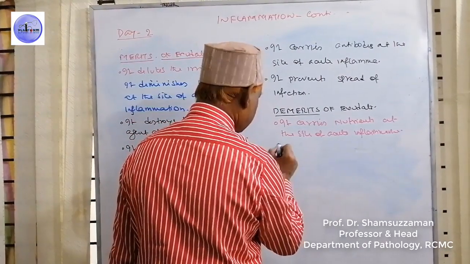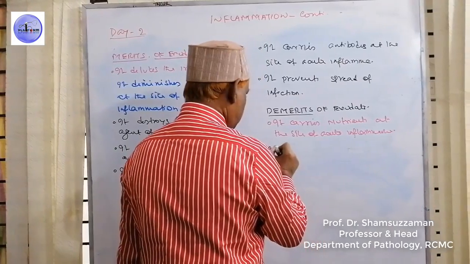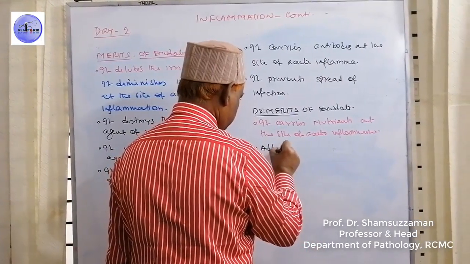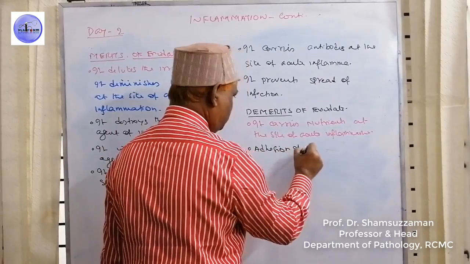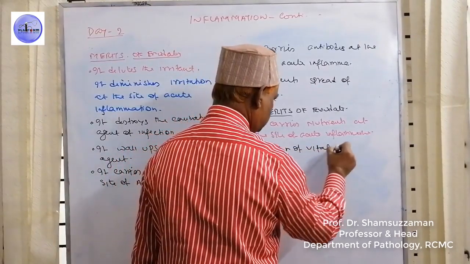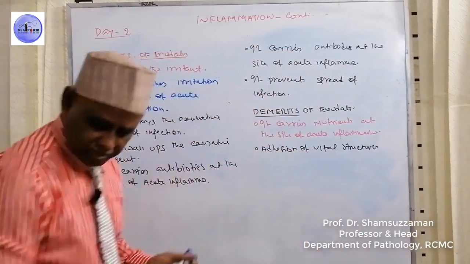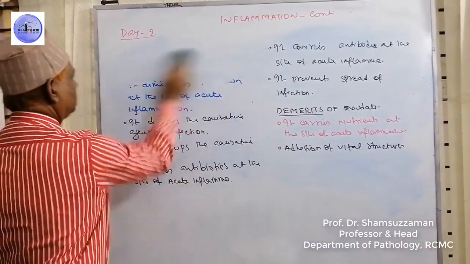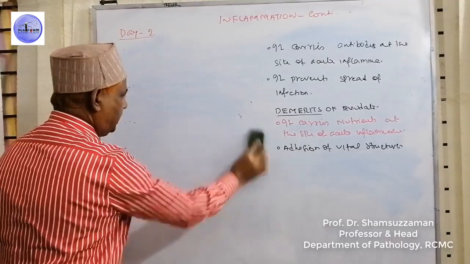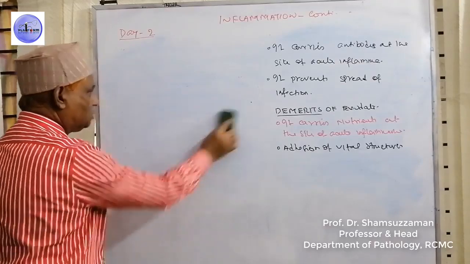Now come to another demerit, adhesion of vital structures. As we know, exudate can clot.